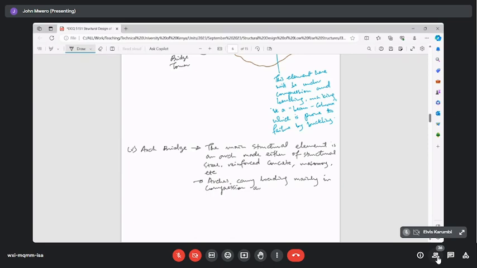And with the right shape, can be made very slender. And very efficient.